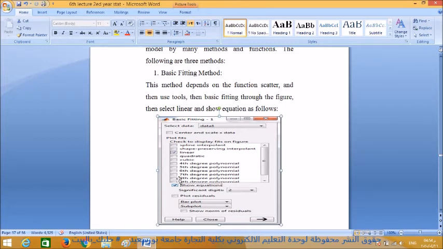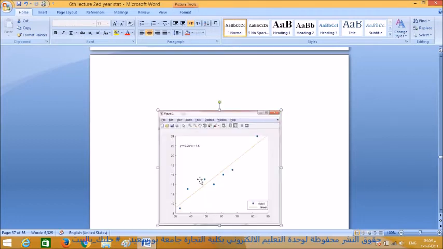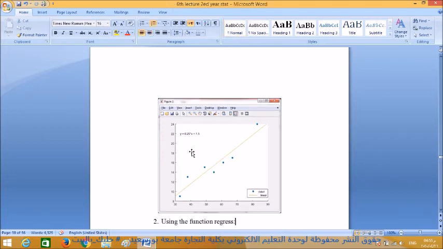So from the menu, Tools, then Basic Fitting, then linear, then show equation. This will give the line and the equation like this. So this is the same equation as we made by hand.